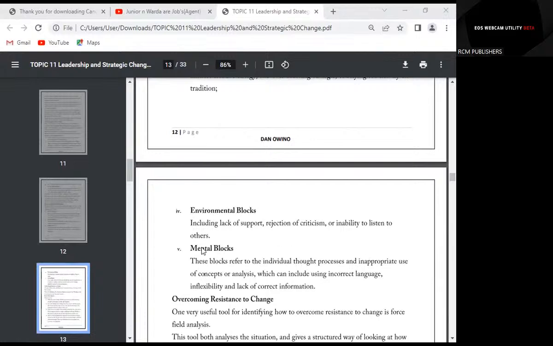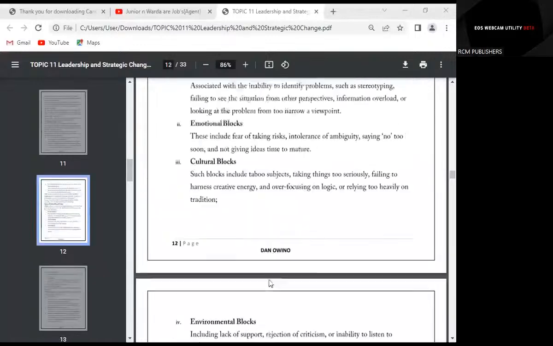Then the last one, mental blocks. These refer to individual thought processes and inappropriate use of concepts or analysis, which can include using incorrect language, inflexibility, and lack of correct information.